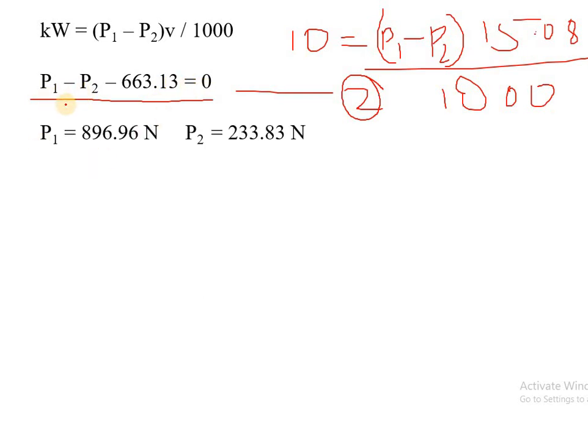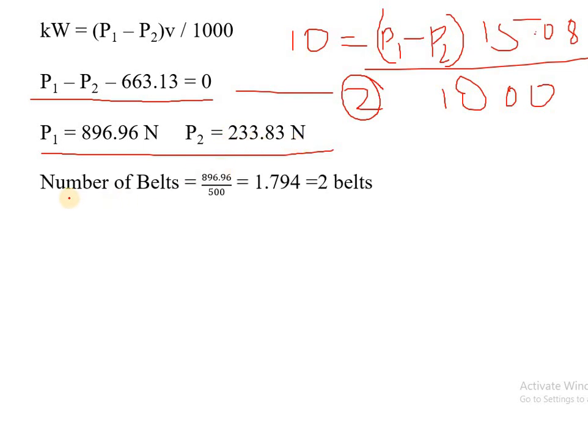On solving equation number 1 and equation number 2 in your scientific calculator, you can find out P1 and P2. P1 is 896.96 and P2 is 233.83. The number of belts is P1, 896.96, upon the allowable tension, because our formula is maximum tension in belt upon allowable tension.